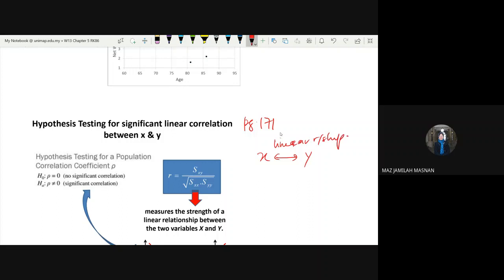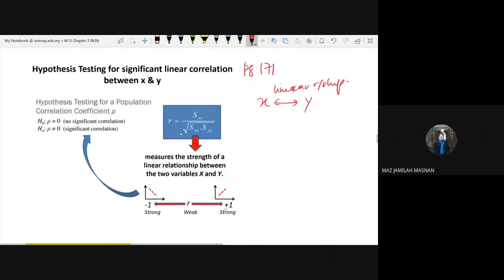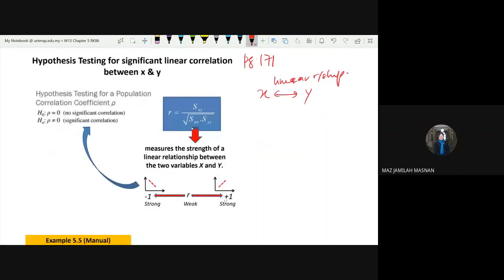So to test for the linear correlation between X and Y, you are going to do hypothesis testing referring to your rho. Why rho? Remember class, we are dealing with statistical inference. We are talking about our population, right? And since we don't really have enough time, money and everything, we focus on our sample.